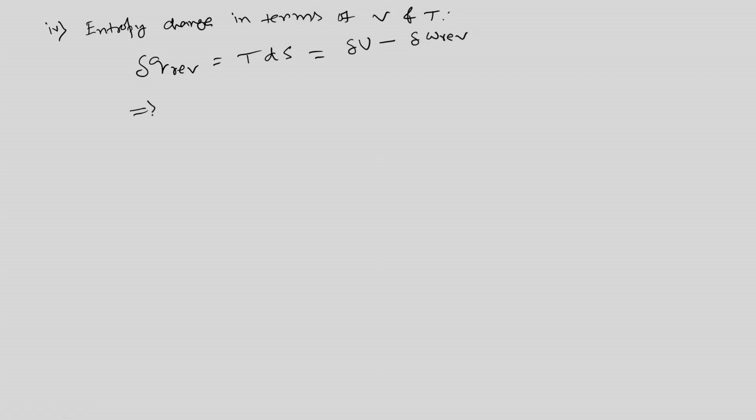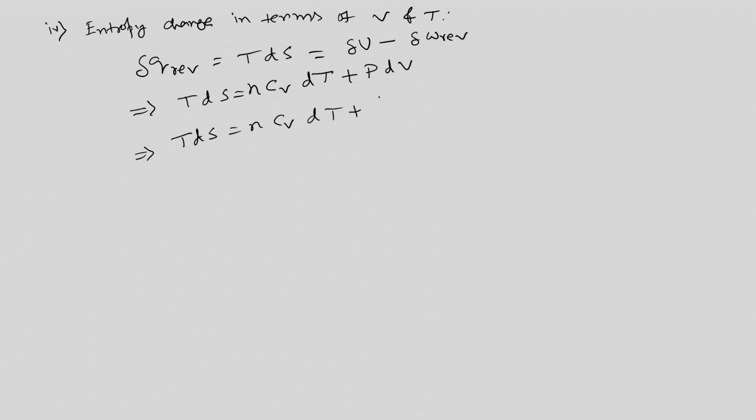So, we can write TdS, dU is nothing but Cv dT, or n Cv dT for n moles, and this is plus P dV, because del W reversible is minus P dV. So, we write TdS is n Cv dT plus nRT by V dV for an ideal gas.